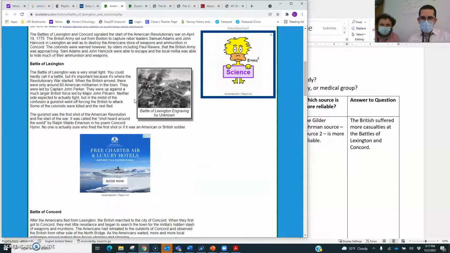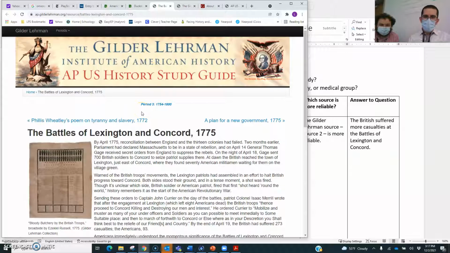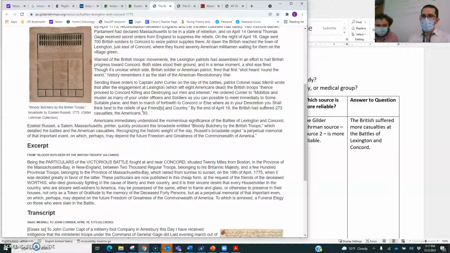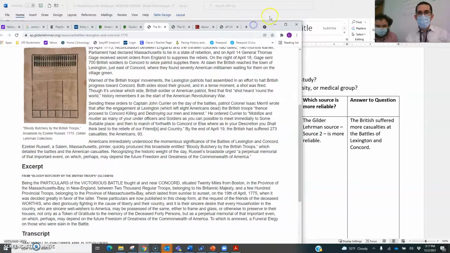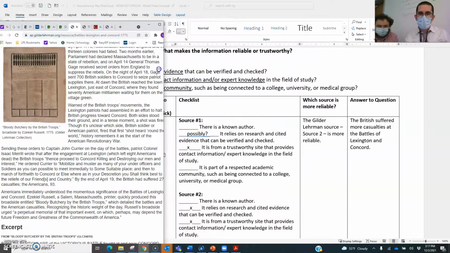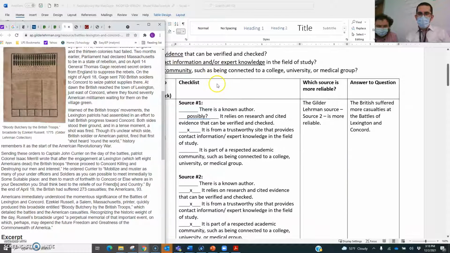I might read this over, as well as the Gilder Lehrman website, and see if I can find the answer about the number of casualties suffered on both sides, the American colonists as well as the British soldiers. Now I'm going to go through the checklist and answer those questions.